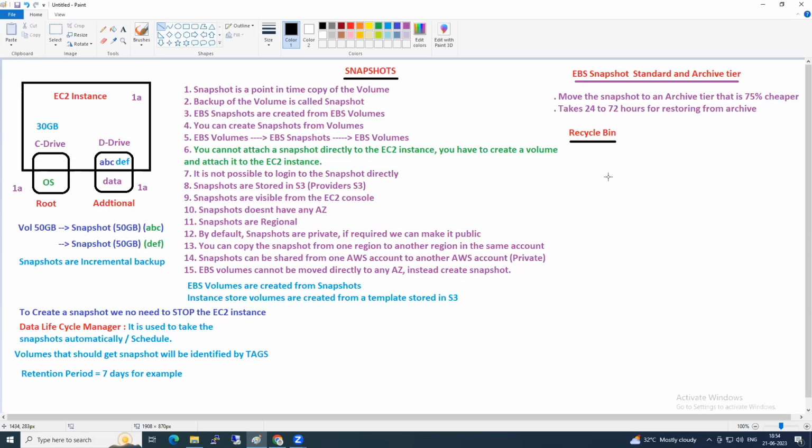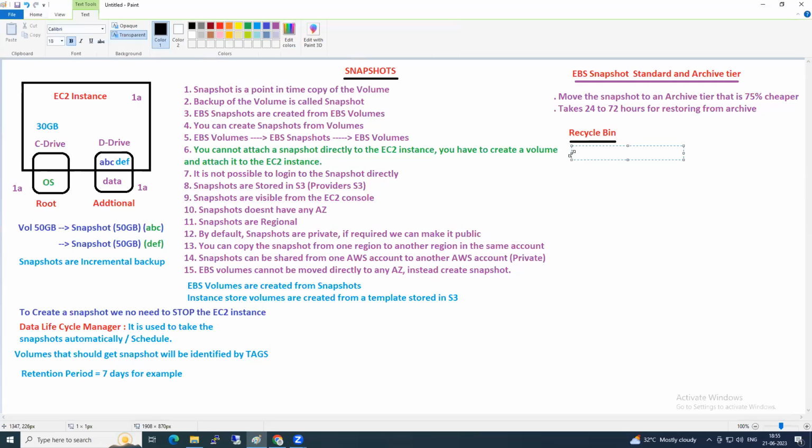If Pusuk deleted any snapshot, it will go and sit in Recyclebin. But in Recyclebin also, how many days will it sit? 7 days, 10 days, you mention it. That is called retention period. So you can set up rules here. Set up rules to retain deleted snapshots so you can recover.